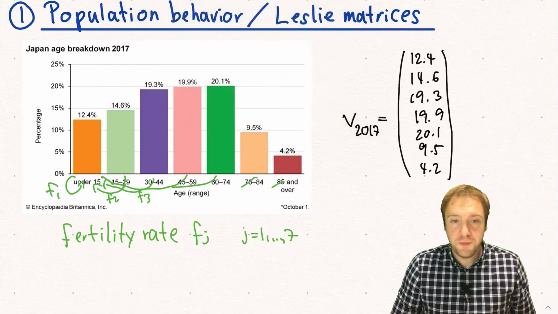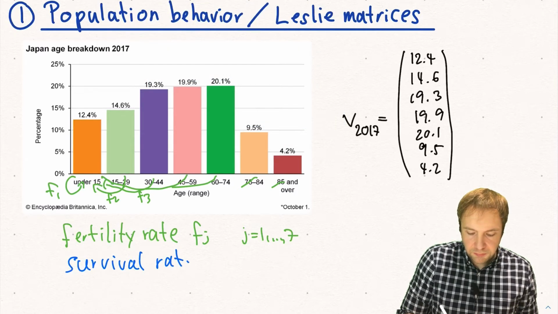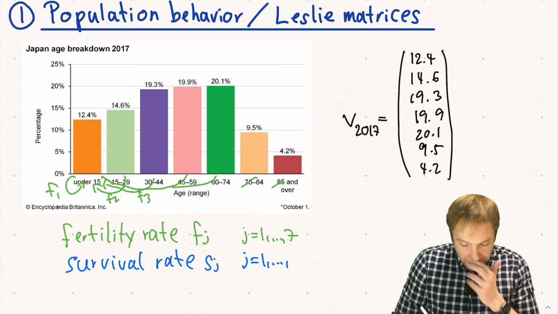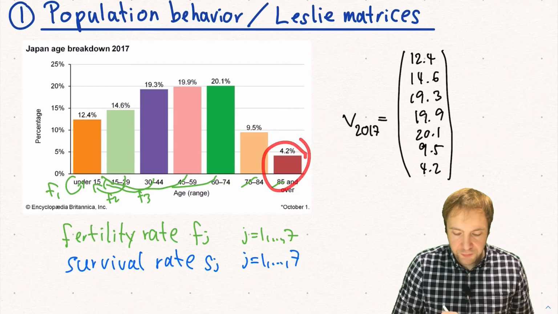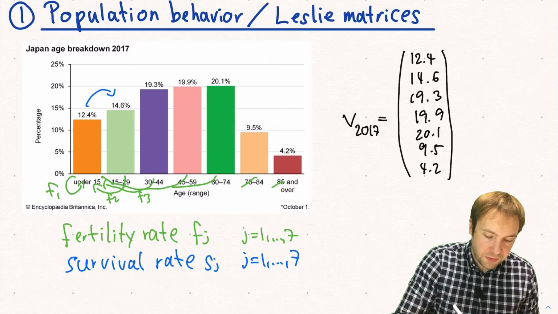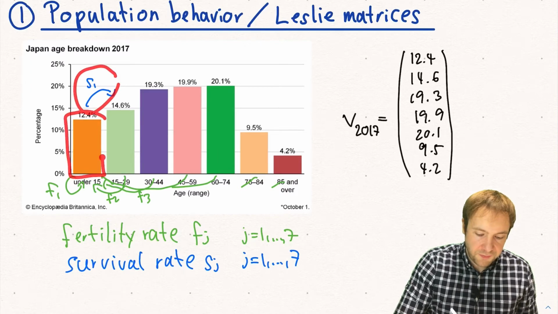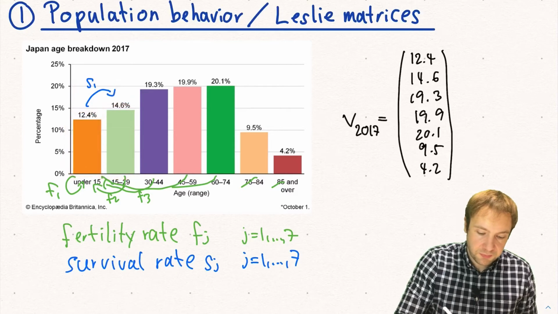And then we also have the survival rate. This we also have from 1 to 7. But we usually assume that the survival rate of the last part is 0. What this means is a factor for how many of these under 15-year-olds will be in this age group after 15 years.